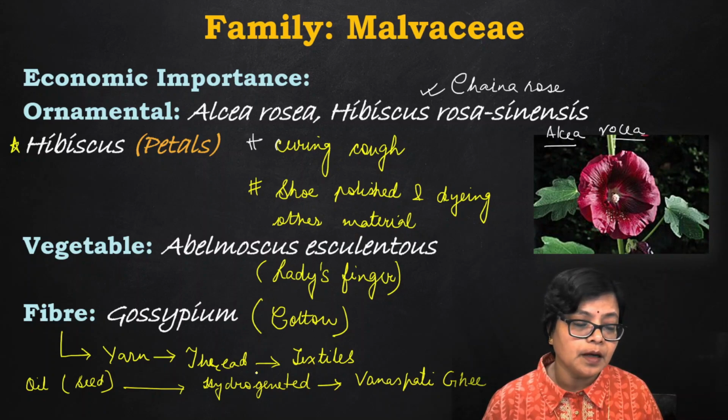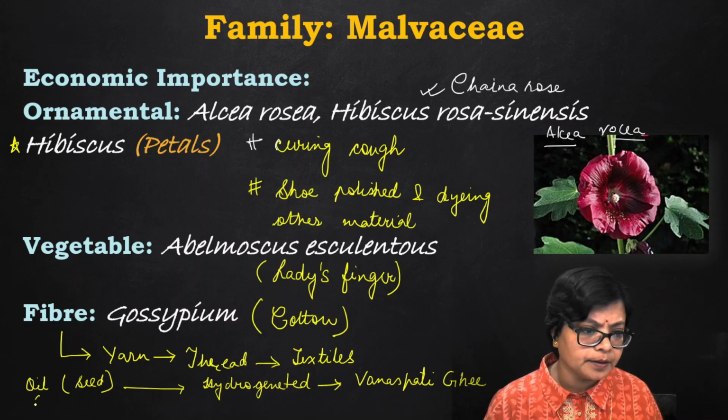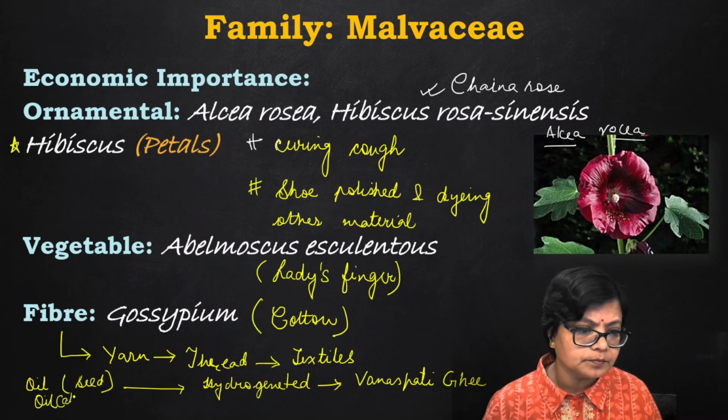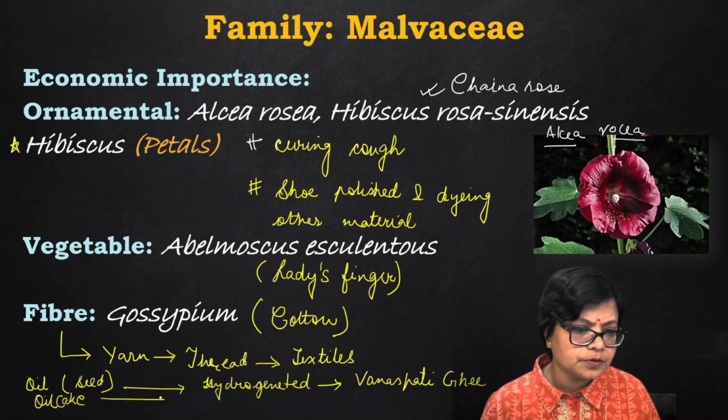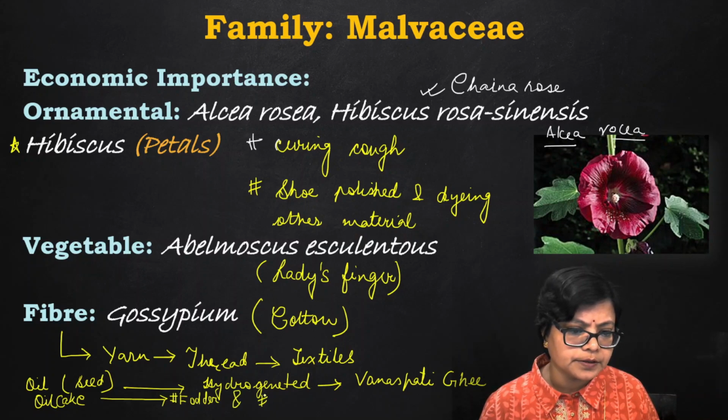And the unwanted part after the extraction of the oil, oil cake, is obtained. So this oil cake is used as fodder, that means the food for the domestic animals, and also as manure in the field.